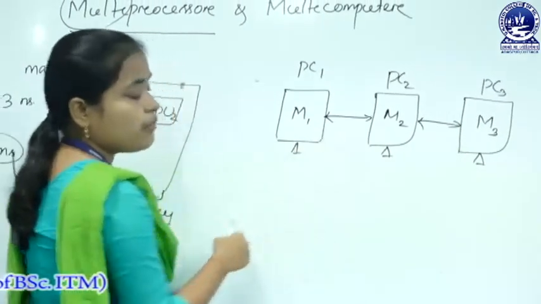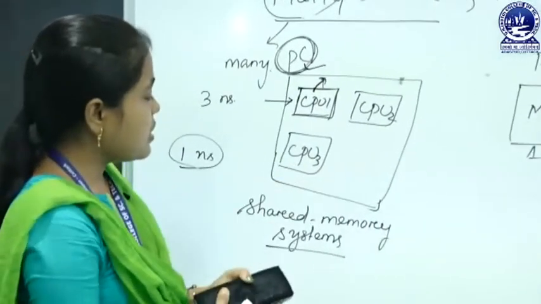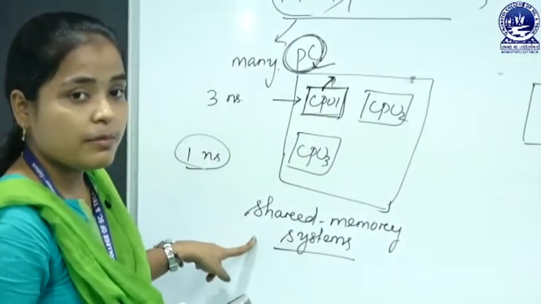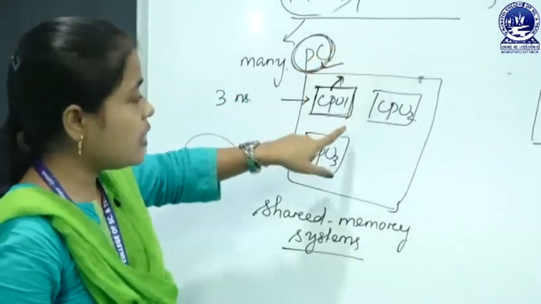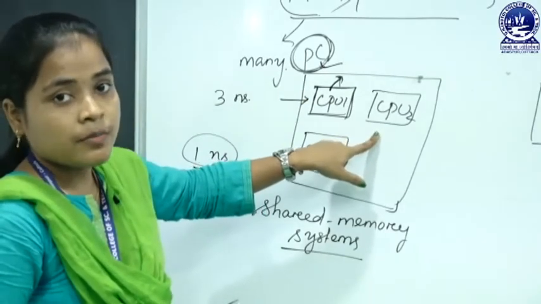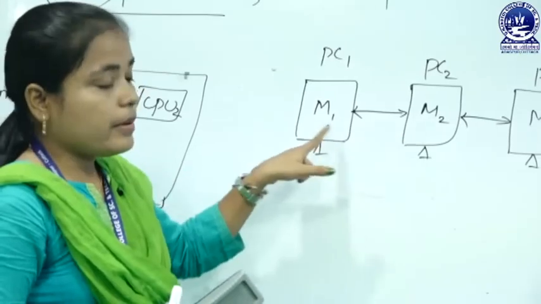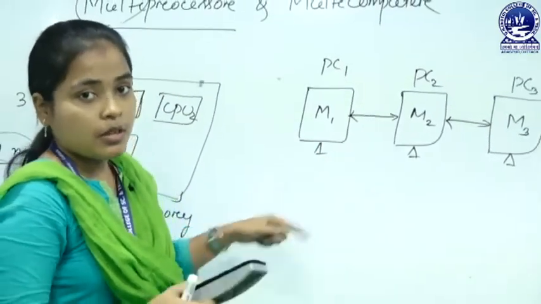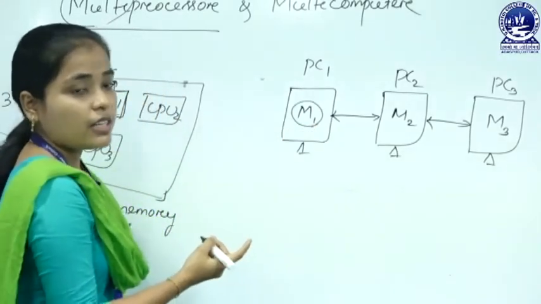And how will they communicate? Because in the multiprocessor concept, we are using the shared memory concept, so that by using the same memory location, one CPU can communicate with another. But here each system, or each CPU, has its own memory space. So, how will they communicate?